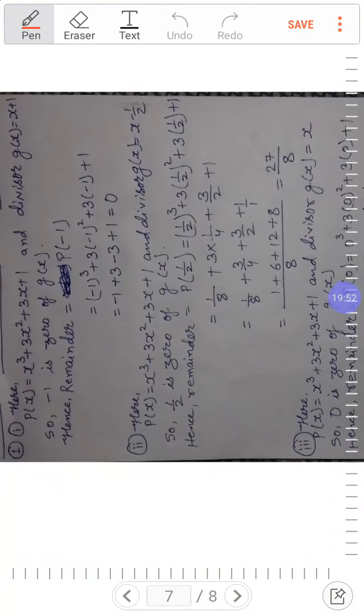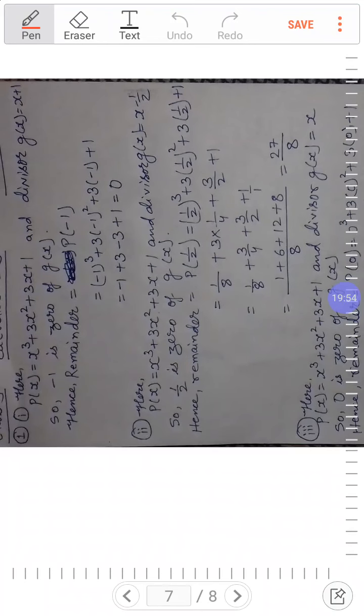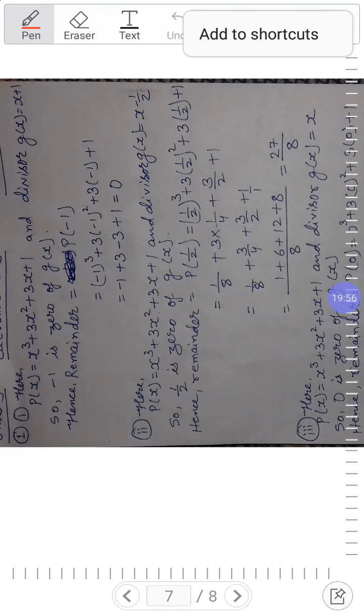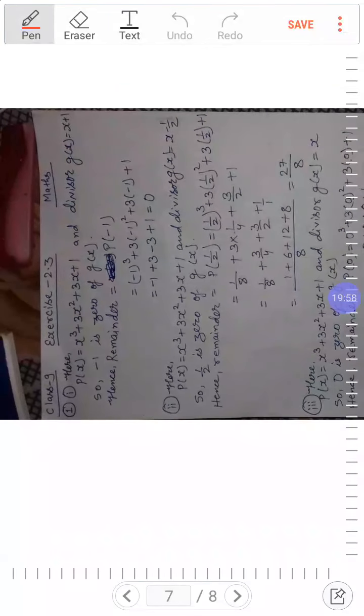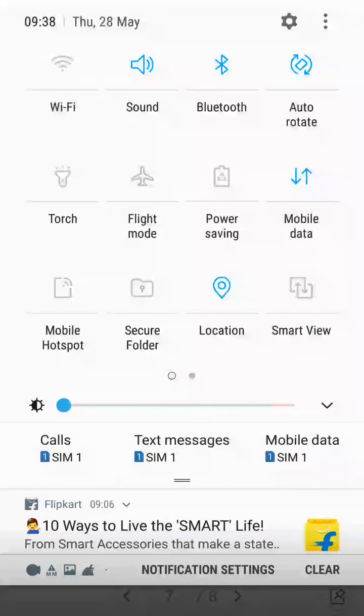There comes the problem. I'll try to rotate if there is a function. No, there is no rotation function. So you can watch it by keeping your mobile in non-rotatable form. I am turning auto rotate off, you can do it too.